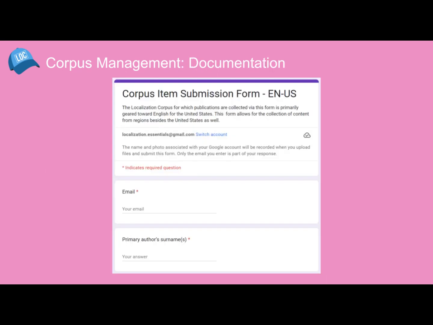During the documentation stage, not only is the information product submitted, but information about the author and the characteristics of the publication are submitted as well.